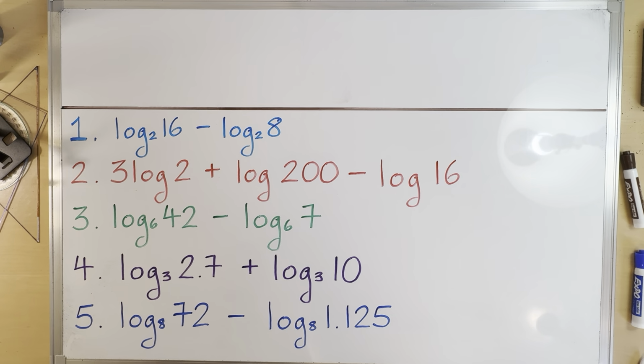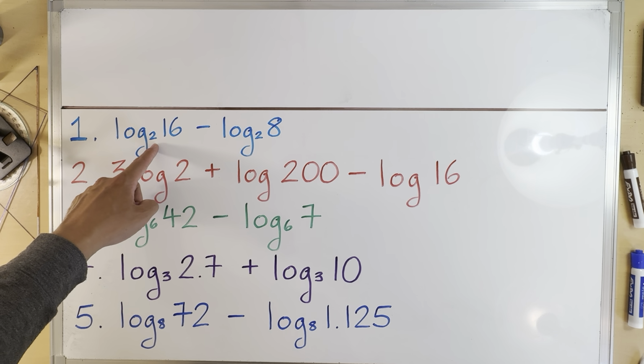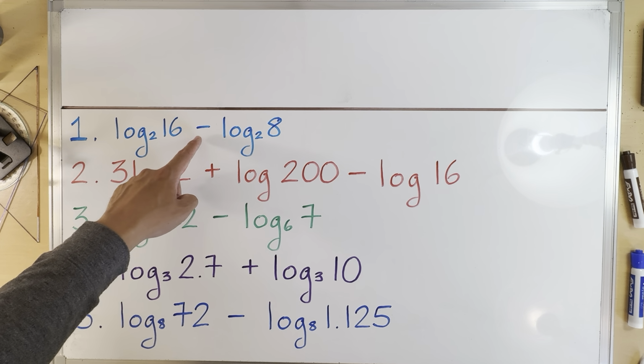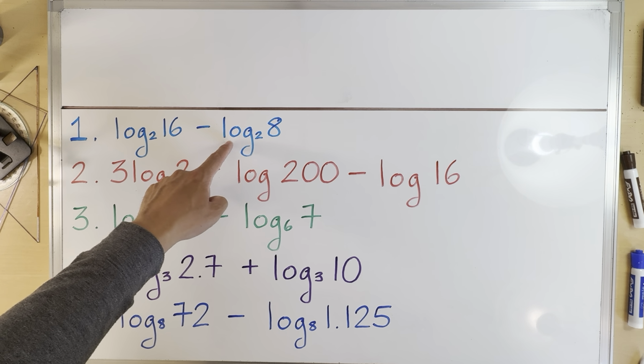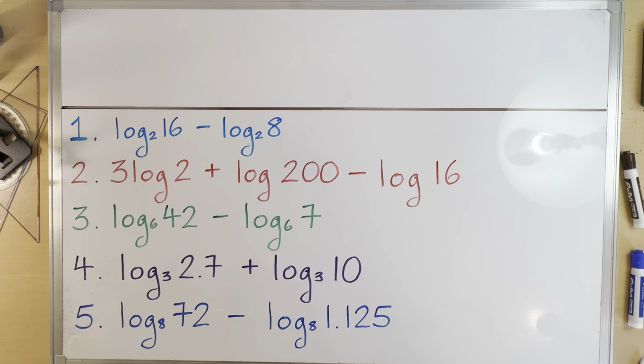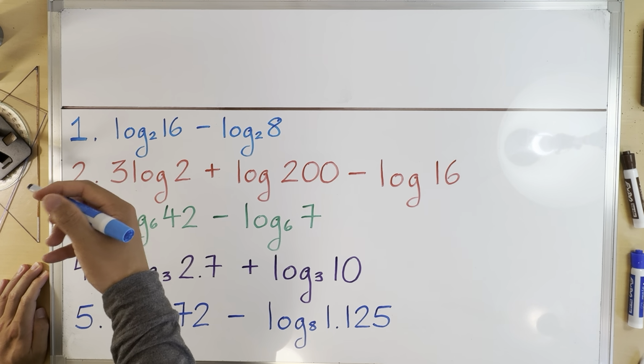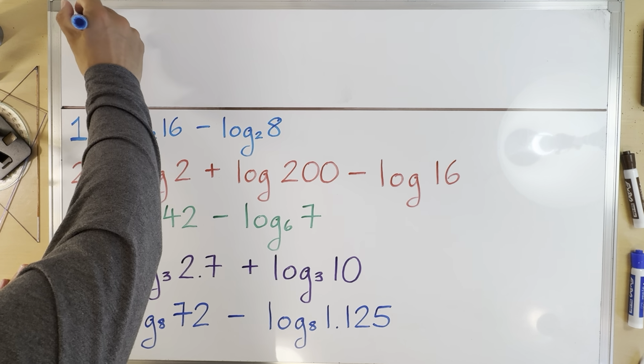So first up, for problem number 1, we have the log base 2 of 16 minus the log base 2 of 8. And according to the quotient rule for logarithms, this expression right here can be written as follows.